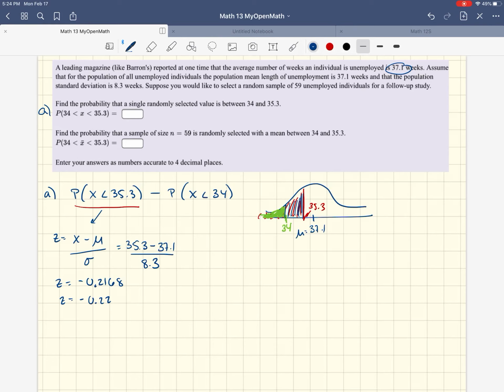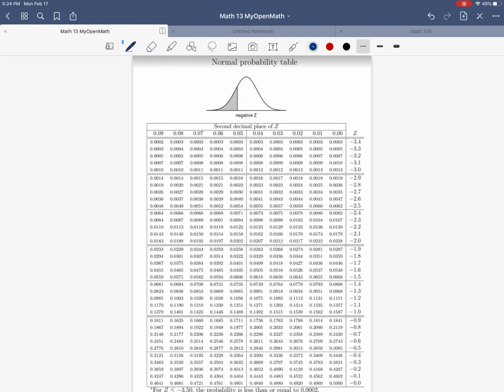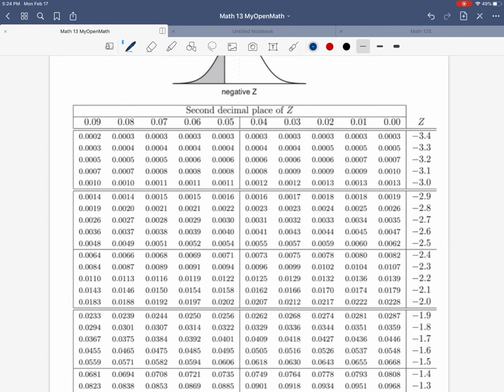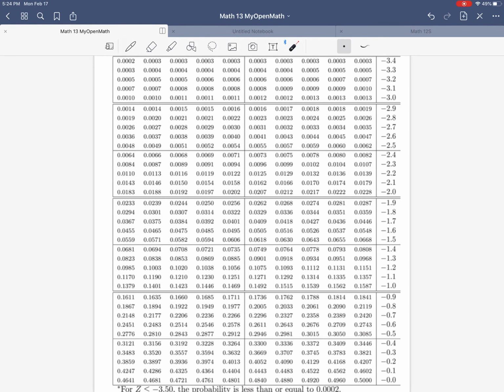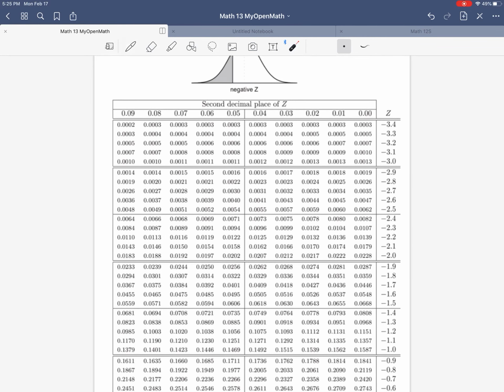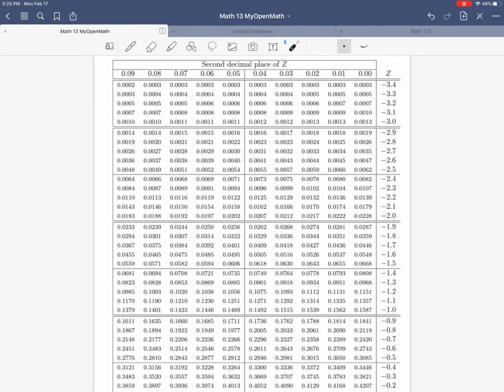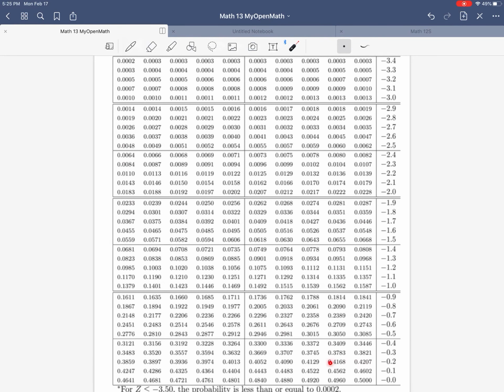Okay, let's find the probability corresponding to that z-score, negative 0.22. Let me go over here to my negative z probability table. 0.2 is down here, and then the second decimal place being 2 is in the third column over, so right here.